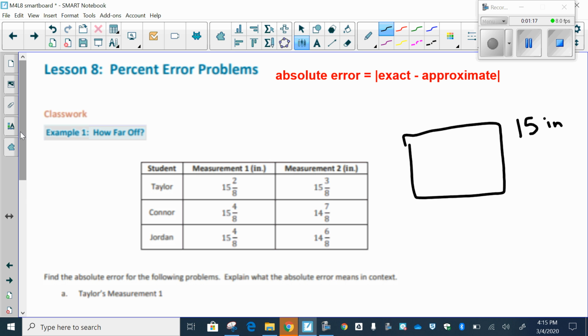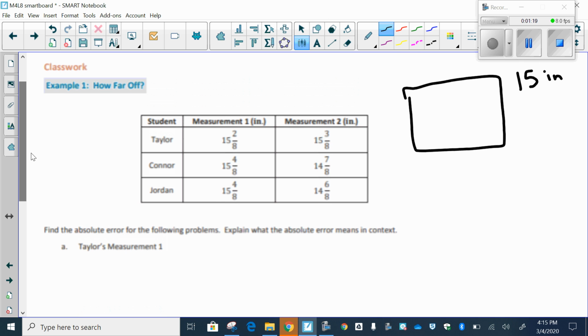So we're going to find the absolute error for the following problem. We know the formula is from up above. The absolute error of the exact minus the approximate.